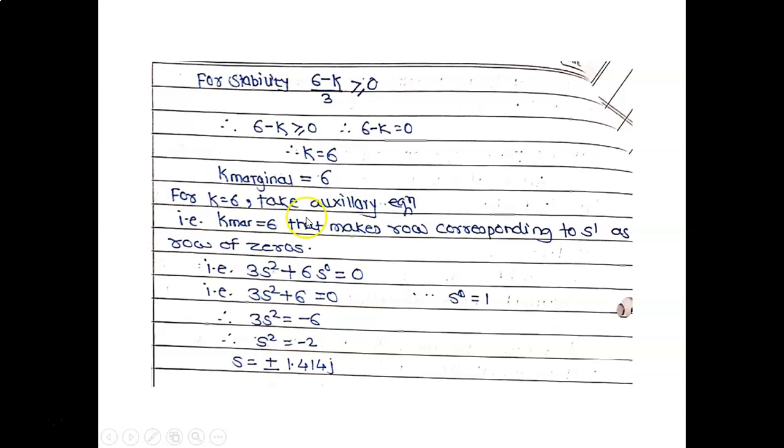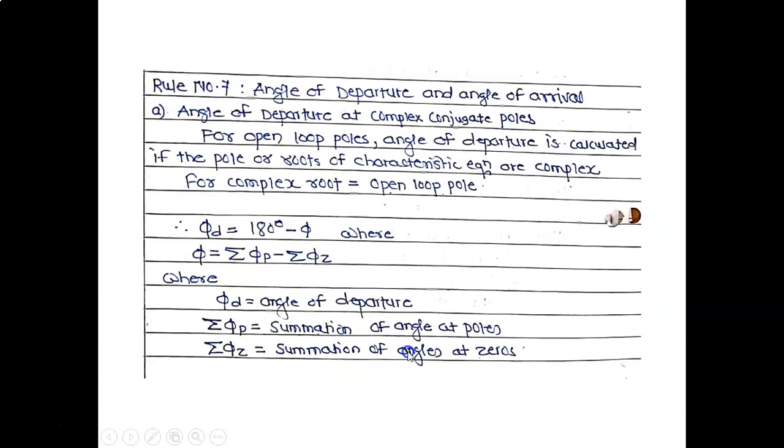That makes the row corresponding to s raised to 1 a row of zeros, so the auxiliary equation is 3s square plus 6s raised to 0 is equal to 0. Therefore 3s square plus 6 is equal to 0. Therefore 3s square is equal to minus 6, s square is equal to minus 2, and s is equal to plus minus 1.414j. Therefore this is the value of s.